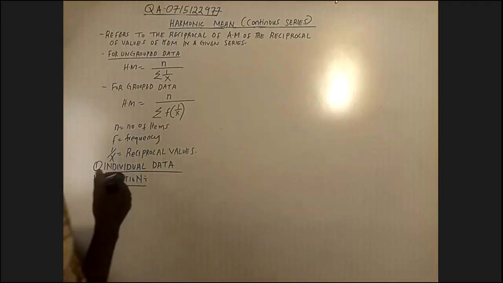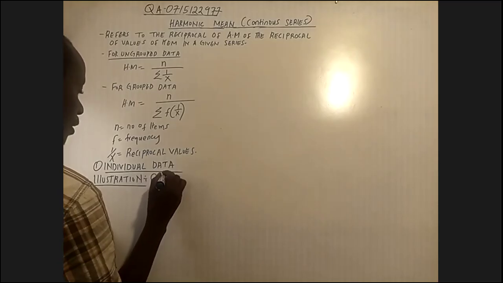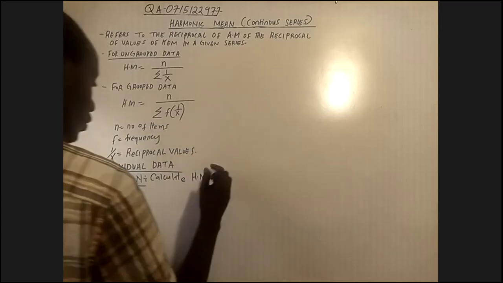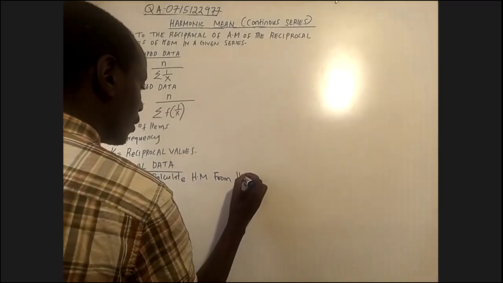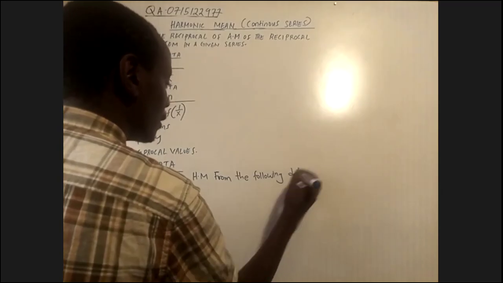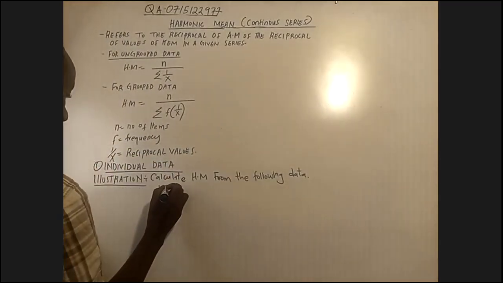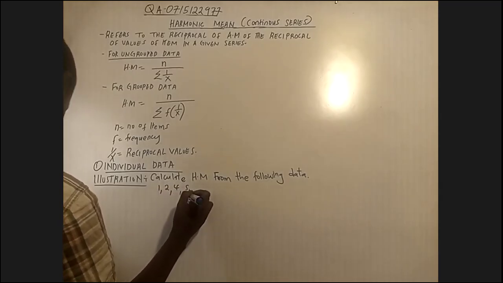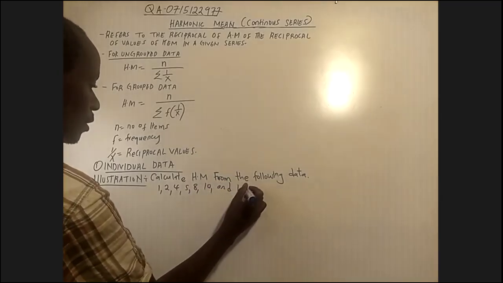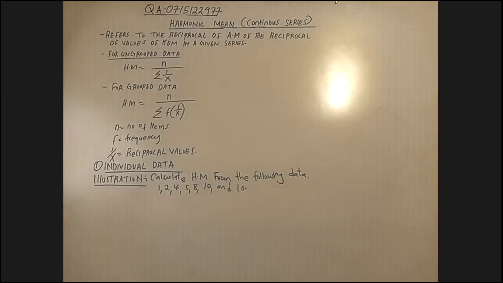Calculate HM from the following data. We have 1, 2, 4, 5, 8, 10, and 10. Find the harmonic mean from that data.